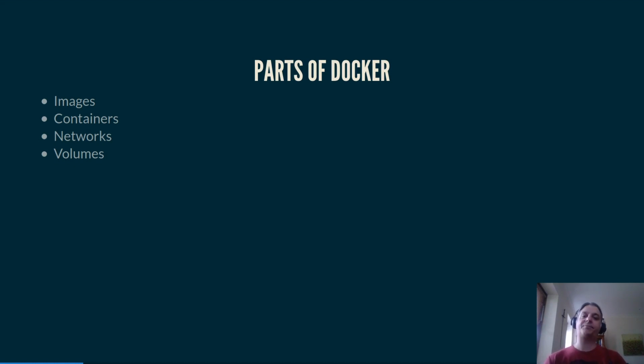Networks are a part of the Docker infrastructure that has to do with how the containers communicate with each other and with the outside world. And volumes are the mounted, let's say, partitions or hard disks that you can share between the host machine and the container itself, so that you can exchange parts of code or software, etc.